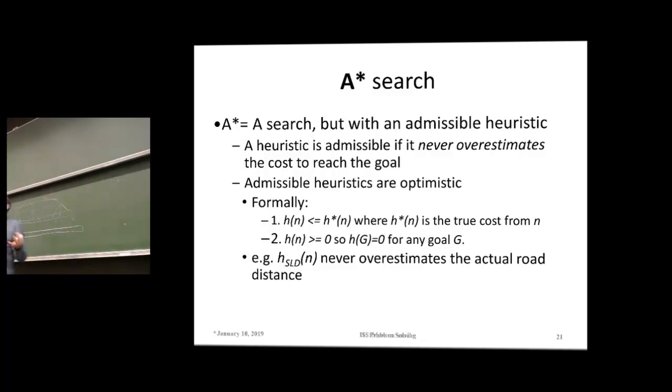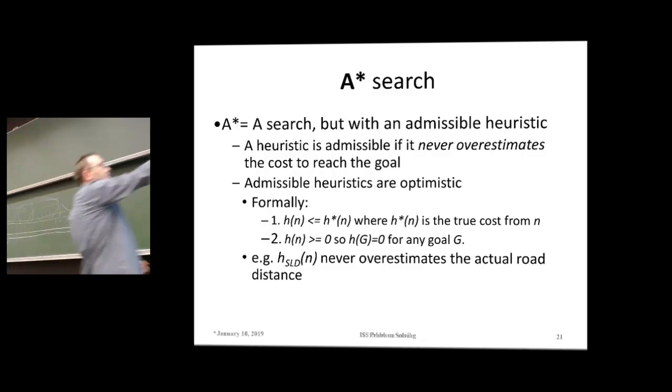So it always has to be very optimistic. If I have the true cost of getting from a node n to the goal, which is called h star, so it's the perfect heuristics, then I know that my heuristics has to be smaller or equal to this value.